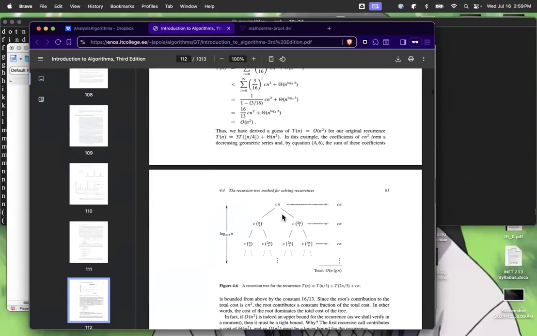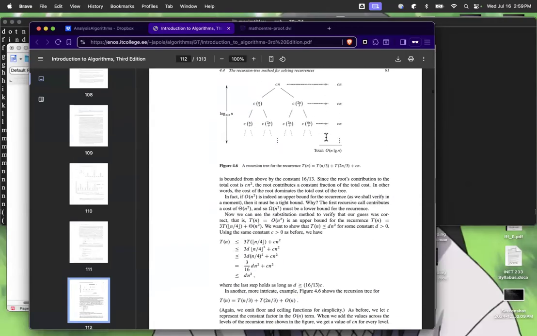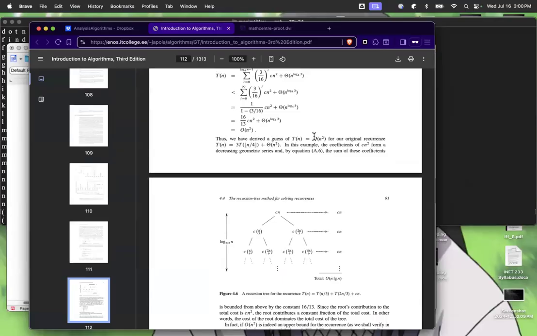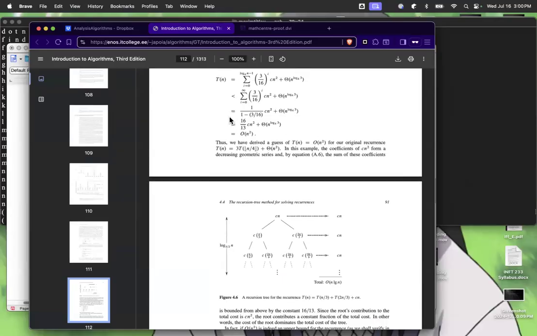So that is a guess for the running time. But now, this thing is bounded from above by the constant 16 over 13. Take a look right here: 1 minus this would be 16 over 16 minus 3 over 16, which would be 13 over 16. 1 over 13 over 16 would be 16 over 13 because it's inverted.